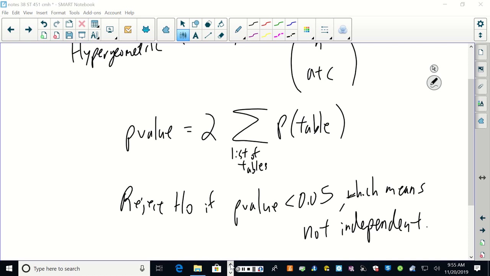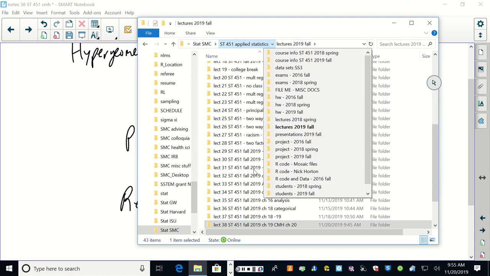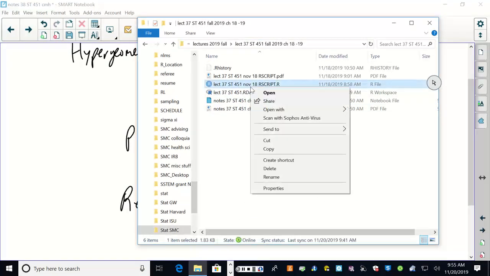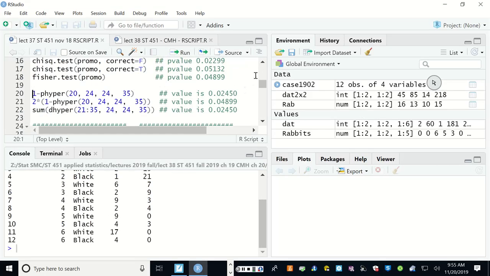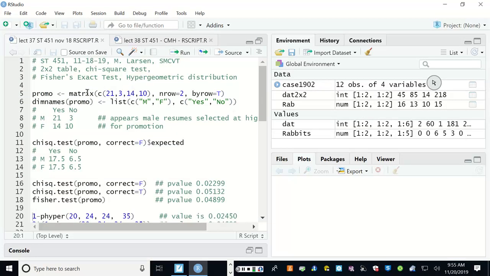the data from last time, the directory of things. This is the R script we have from last time. There's this promo table from the textbook, male and female resumes, and whether they were promoted or not.